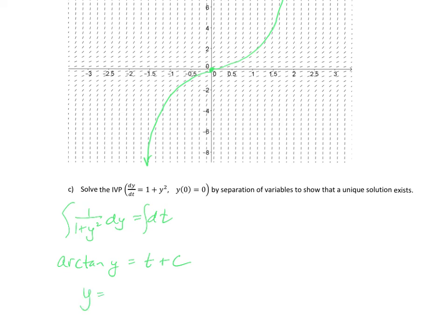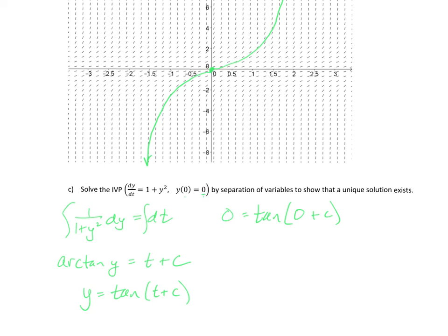So we get y equals the tangent of t plus c. And finally, we use the initial condition to solve for c. So y equals the tangent of t, which is 0, plus c. And I forgot to change y to a 0.